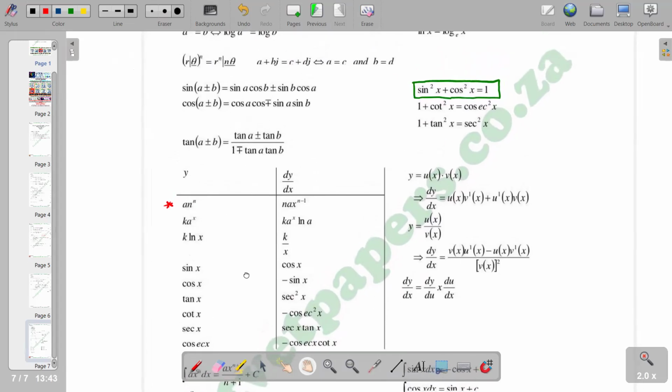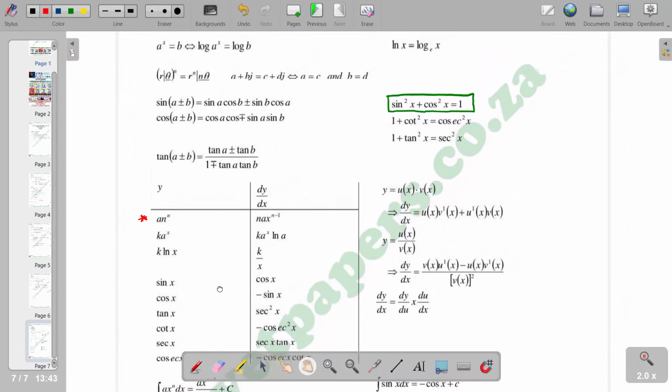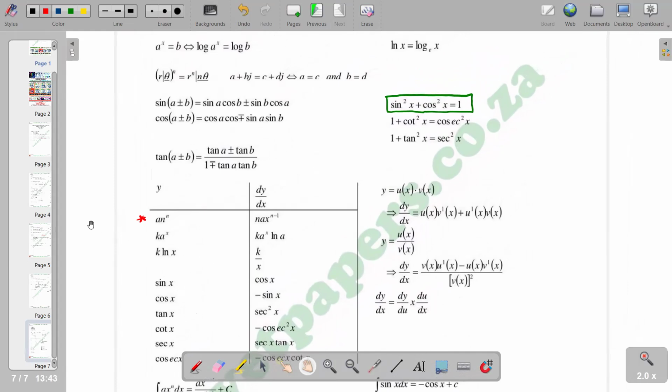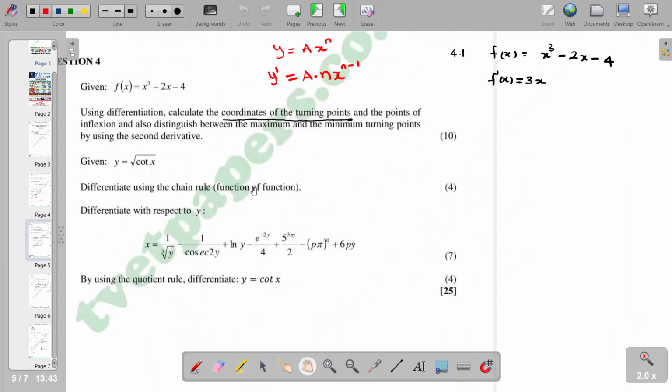So it therefore means here we are going to have that. So it's gonna be 3x. Then when you subtract, it's gonna be to the power 2. Then here it's gonna be minus 2.